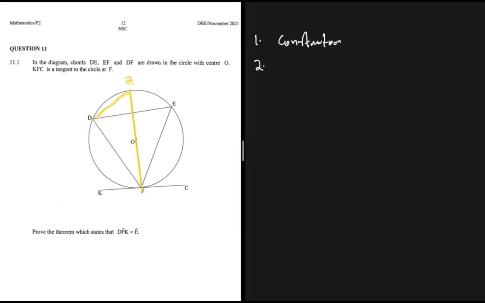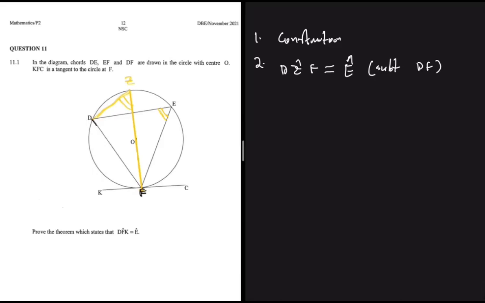Is to show that this angle here is equals to this angle. And then how do we show that? So we're gonna say angle DZF, F is here, is equals to angle E, because they are subtended by the same chord DF, right?